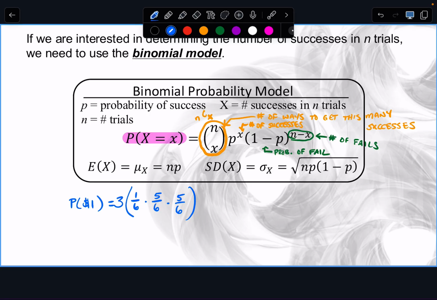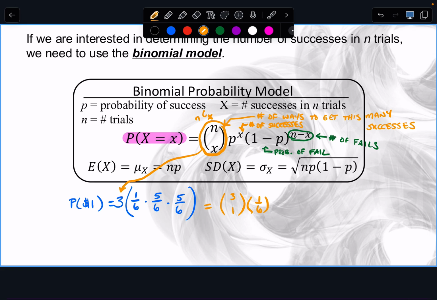So if I look at what this formula is asking for, this nCx is the number of ways I can get the successes that I want, the number of ways I get one success. So if I was using this binomial formula, the first part of my calculation would be 3 trials, choosing 1 success. My success was rolling a 1, so the probability of success was 1 out of 6.